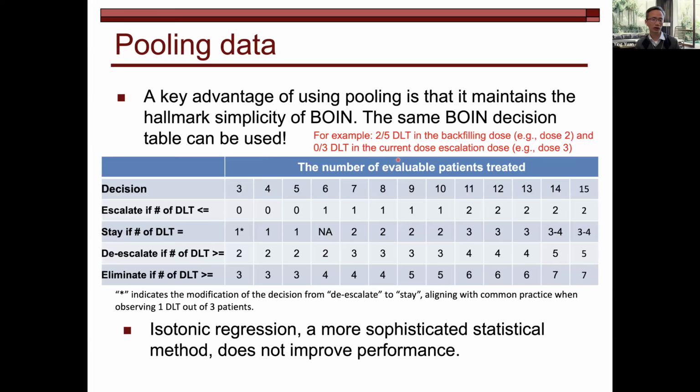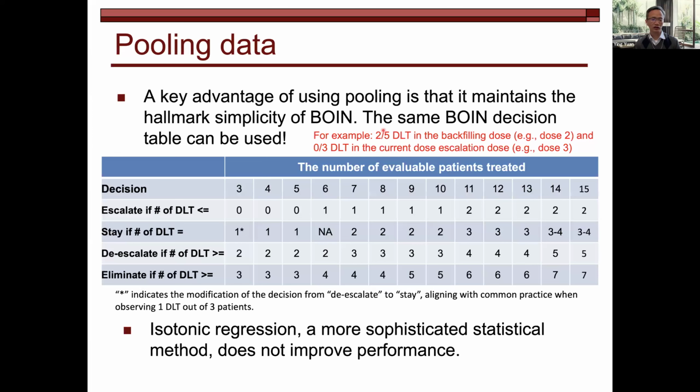To apply the previous rule, when you look only at the backfill dose, the toxicity is 40%. Let's assume our target toxicity is 25%, as I showed at the beginning. Per the BOIN rule, the de-escalation boundary is about 30%. So right now, it has already exceeded 30%.